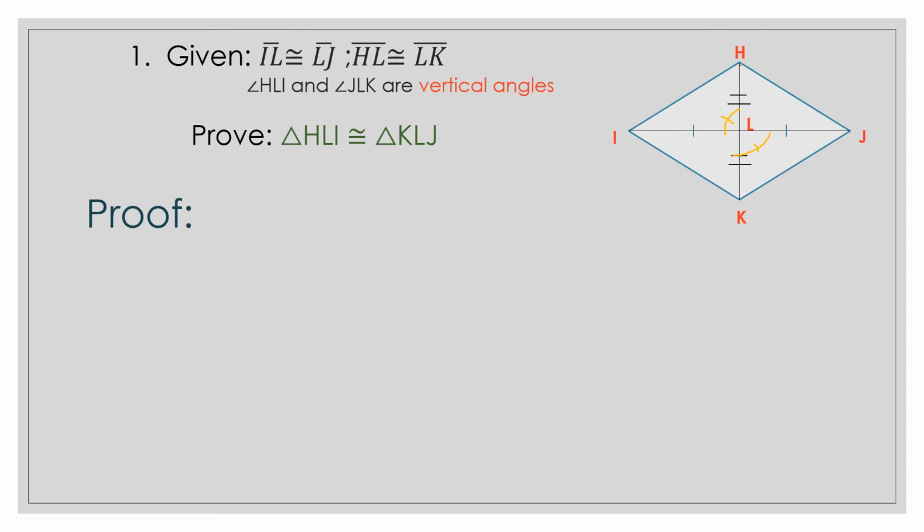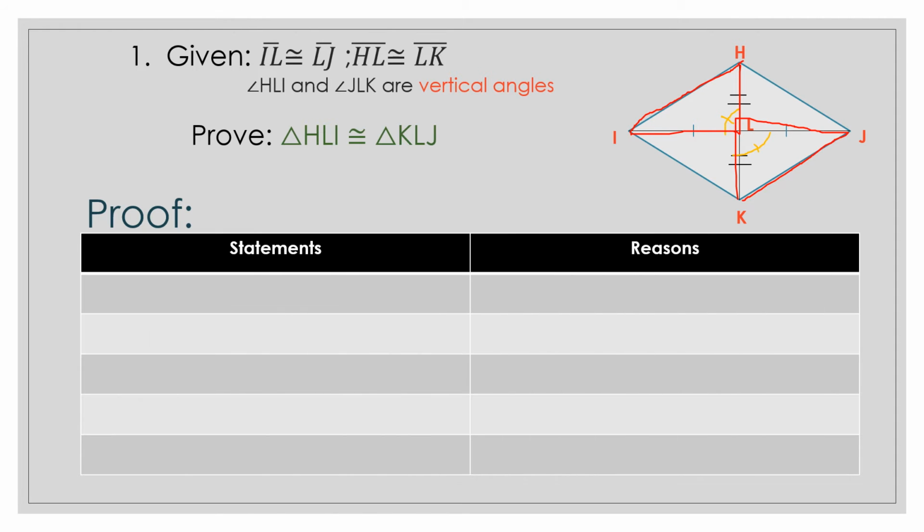So prove that triangle HLI, so this triangle, prove that it is congruent to triangle KLJ. Okay, so let's use the two-column proof. So on the first column we have the statements, and on the second column we have the reasons.